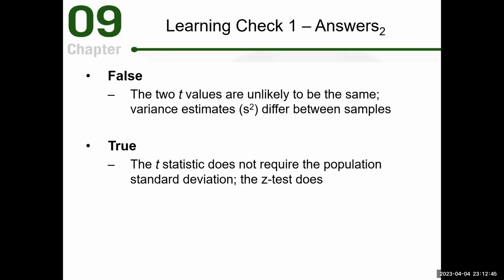Okay. But the first one is false because by chance, you will likely never select samples that have the same mean and the same variability one after the other, right? Your variances are going to differ from one sample to the next. And each sample, like we talked about, has a certain amount of error because the sample is not identical to the population.